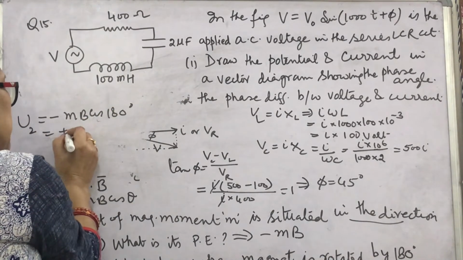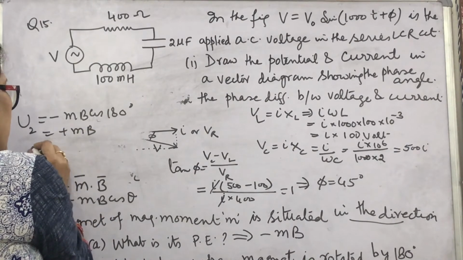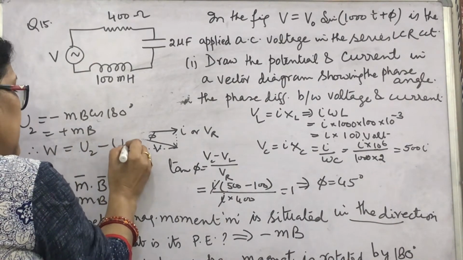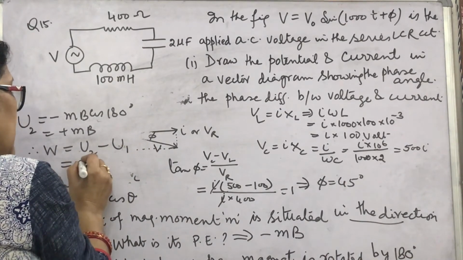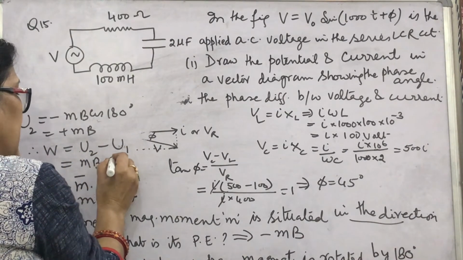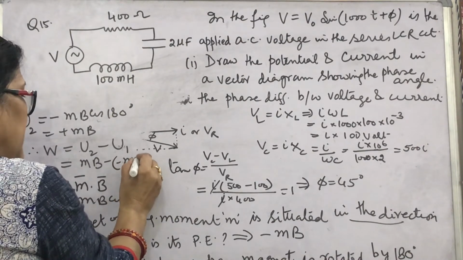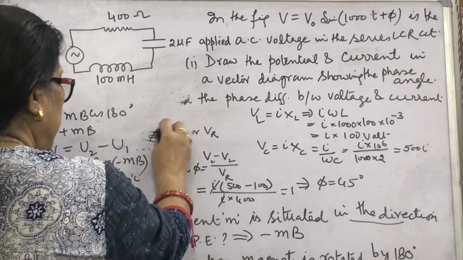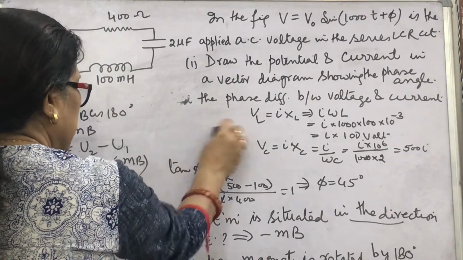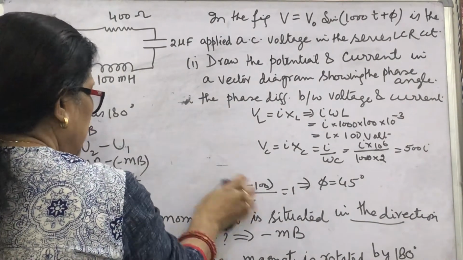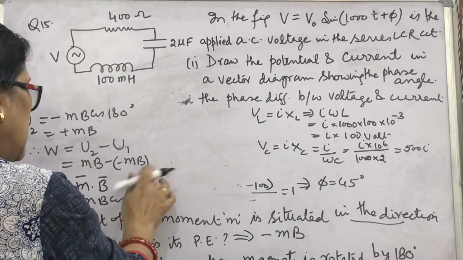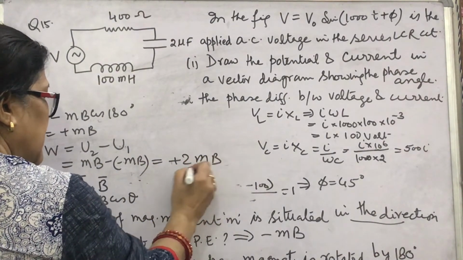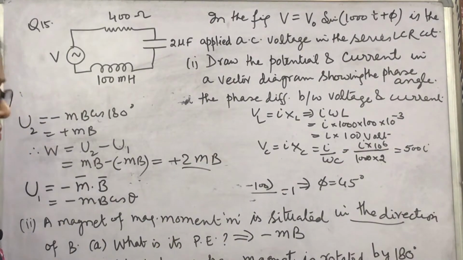So this will be plus MB. Therefore, work done equals the change in potential energy, U2 minus U1. Look, U1 is minus MB and U2 is plus MB. So U2 minus U1, what will be the answer? This will be 2MB. Okay, so in this way, the second part is solved.